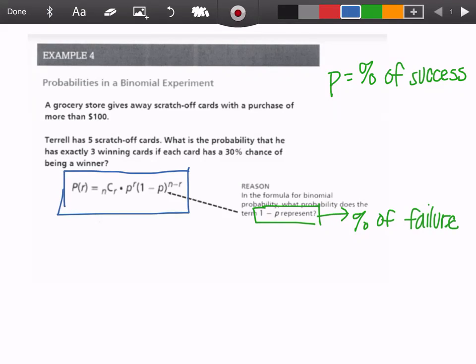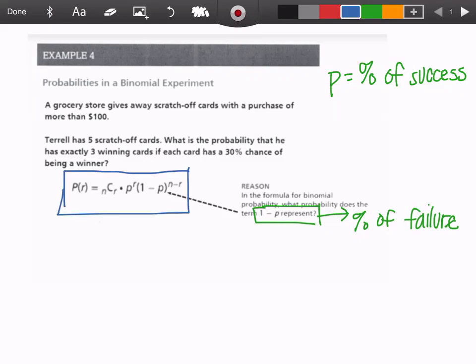nCr stands for combinations, and we've seen that before. The new variable that we haven't seen before is P, and P is the percentage of success. So whether you want to win or lose on one of these scratch-off cards, winning would be the success. That's what we would want.